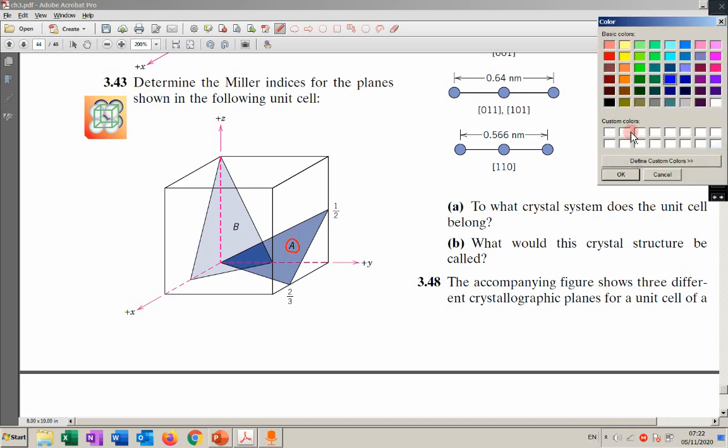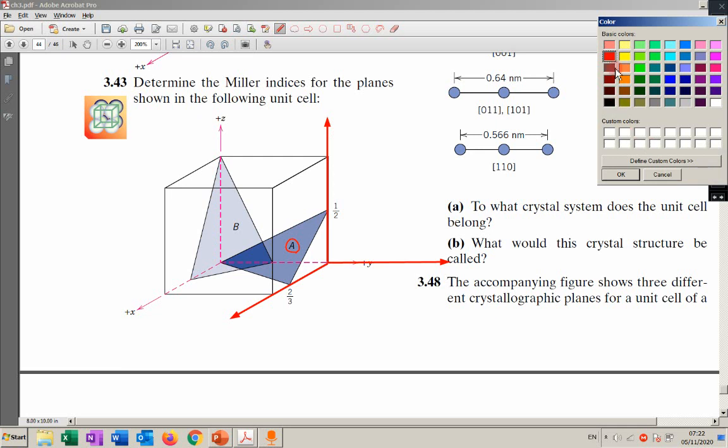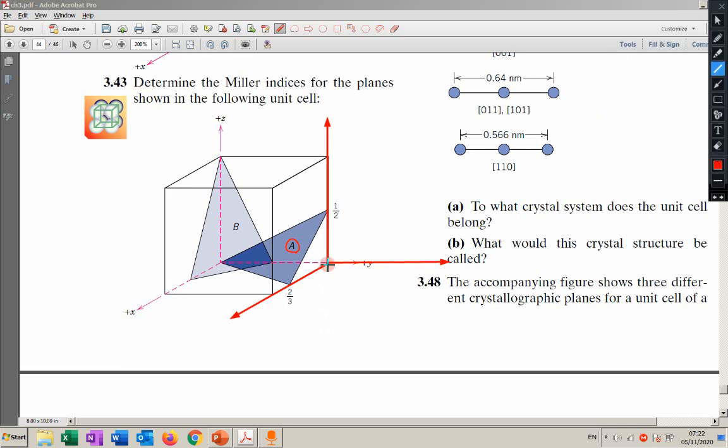Now let's use a different color. If I bring the origin to this point here, this is going to be the y-axis, this is going to be the x-axis, and this is going to be the z-axis. Remember, you have 3 more axes as well: there's also a part of the y-axis, a part of the z-axis, and a part of the x-axis.